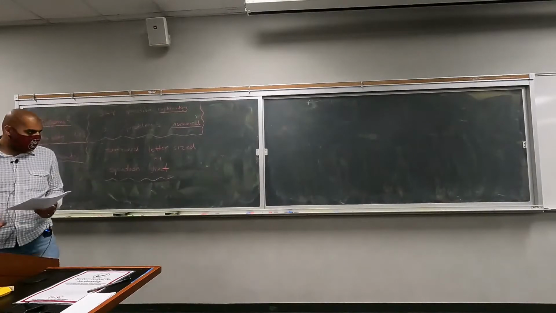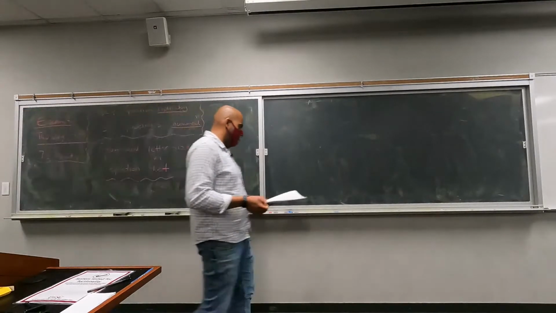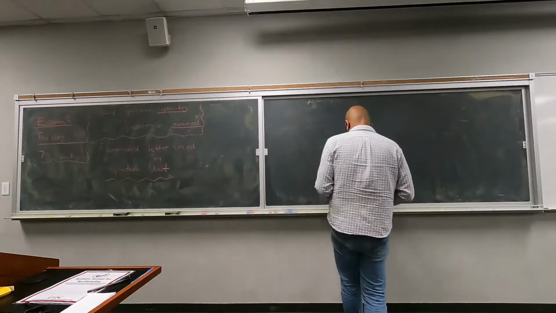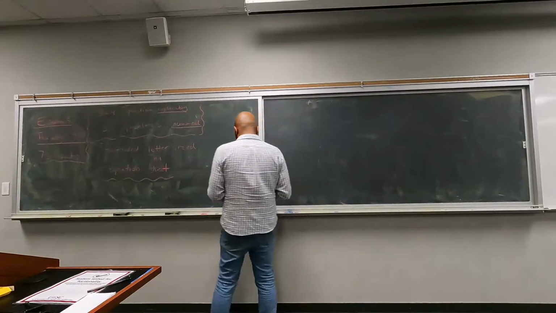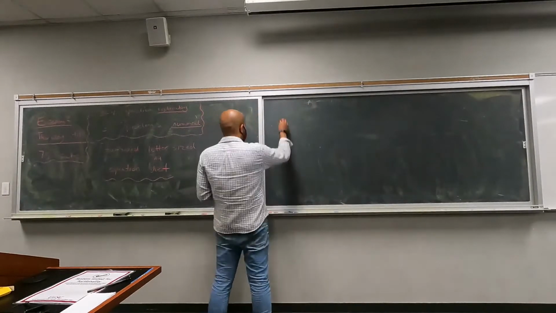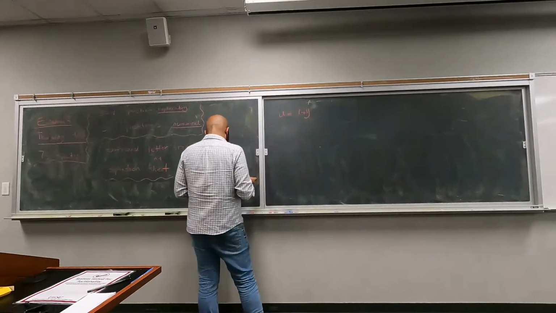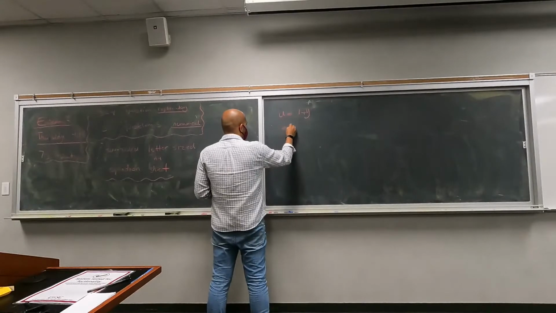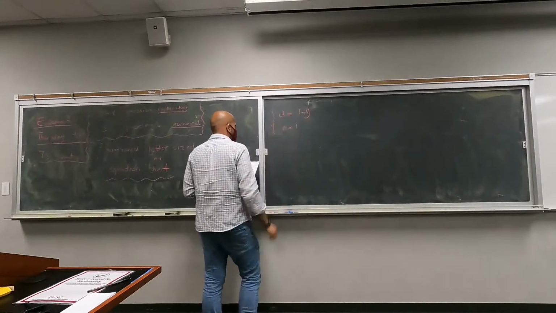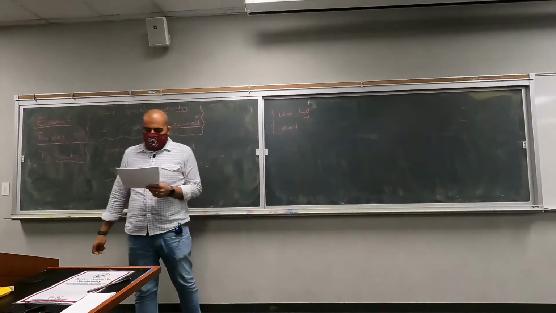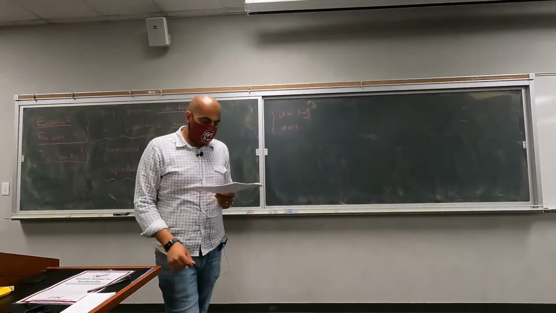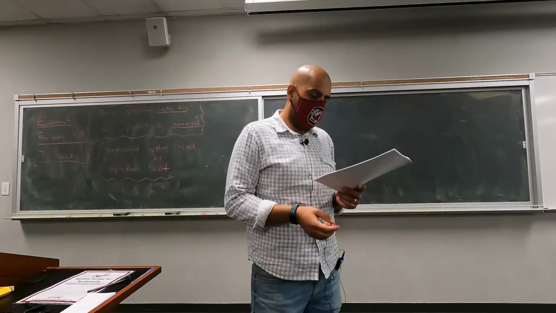Okay, so we are going to start with problem 2 on your handout. We are told the two-dimensional velocity field is given by u is 1 plus y, and v is 1. We want to determine the equation of a streamline that passes through the origin, the 0 and 0 point.